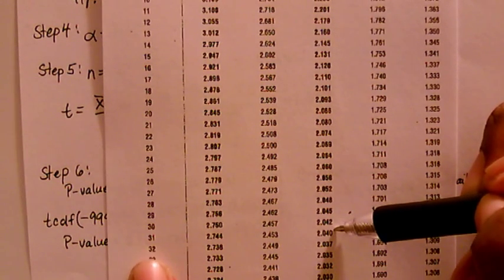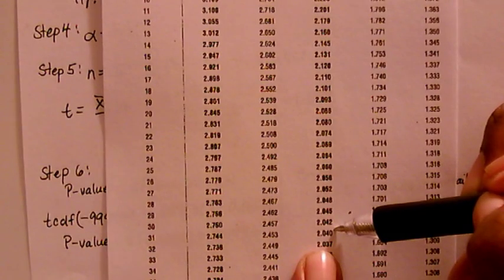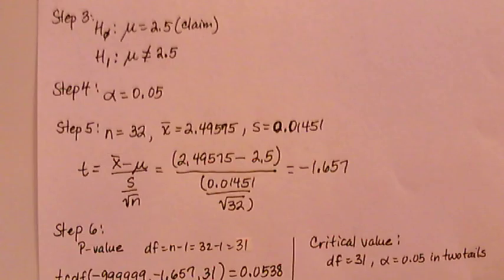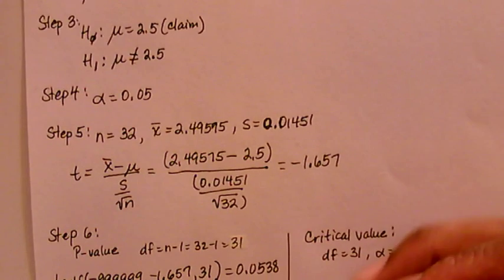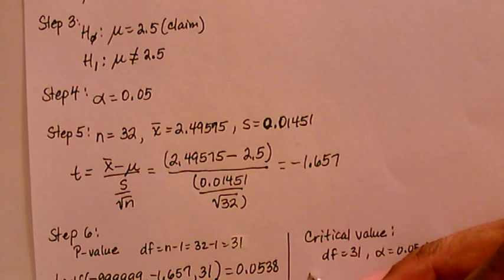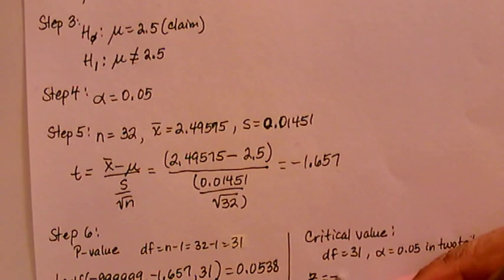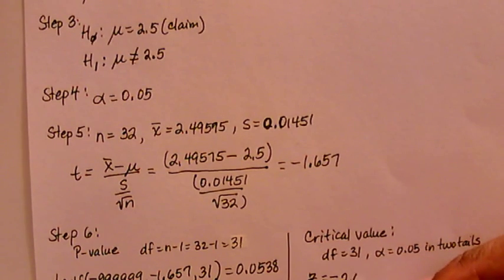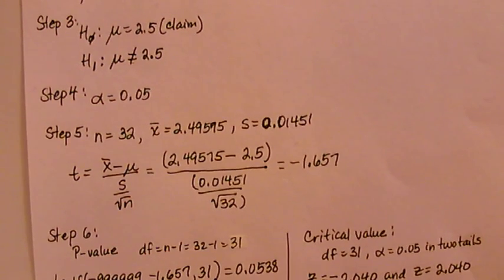That's this value right here, 2.040. So that means my critical value, now since it's a two-tailed test, I have two critical values. t is equal to negative 2.040 and t equal to positive 2.040.